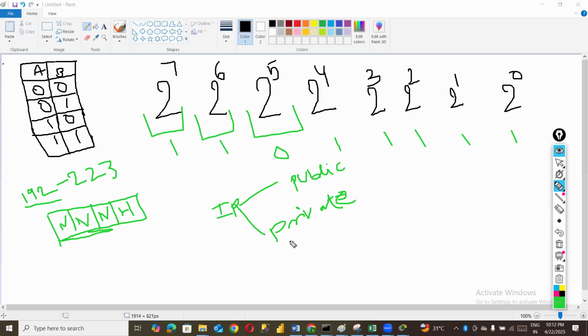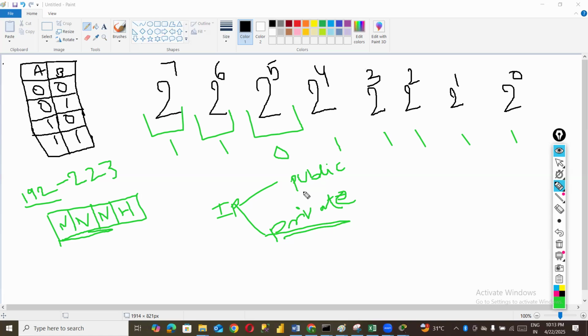Yeah. So mostly we will use private networks within the organizations. But when you want to communicate from one geographical location to another, especially through a service provider, we will use public IP, mostly in ISP places.